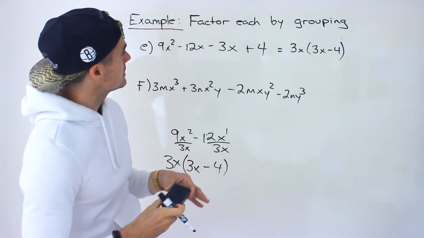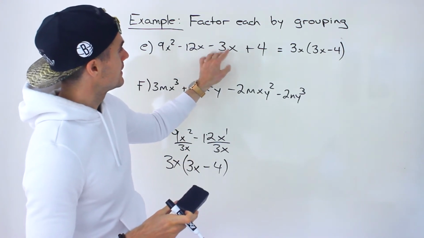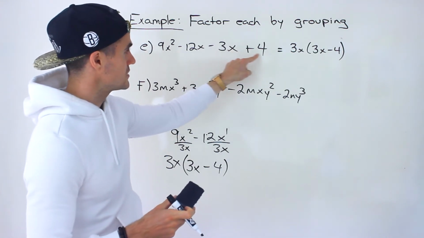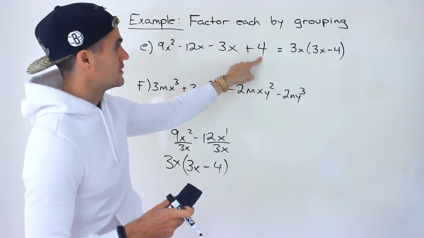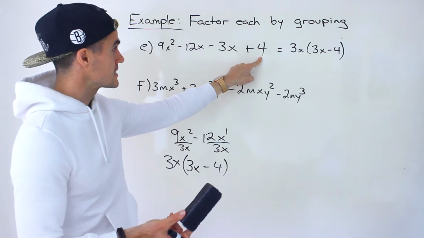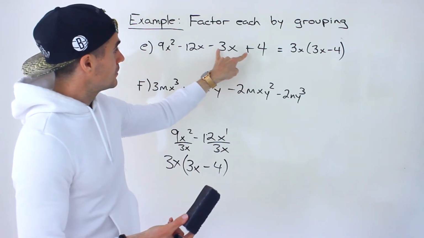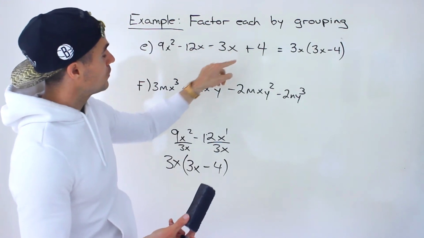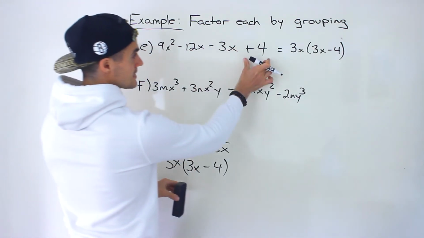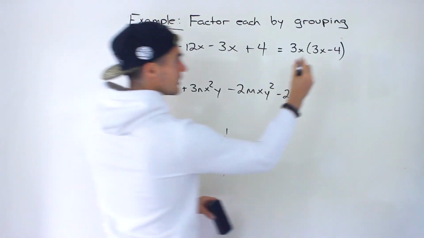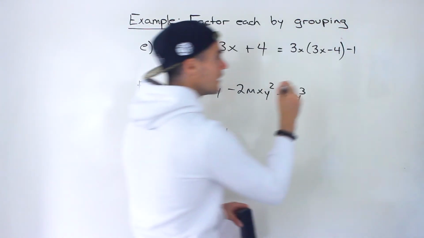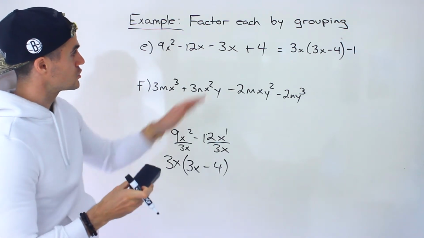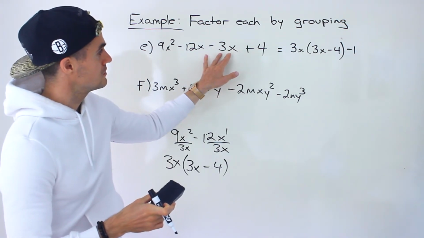So this one's interesting, because notice in this case, between 3 and 4 there are no common factors, and there's an x here and not an x there. So we can't take anything out in this case, but we do need to have that same bracket. So notice there's a negative here. What we can do, if we can't take anything out and there's a negative here, is take out a negative 1. This is another kind of special case that happens a lot of times where there's no common factor between these two.